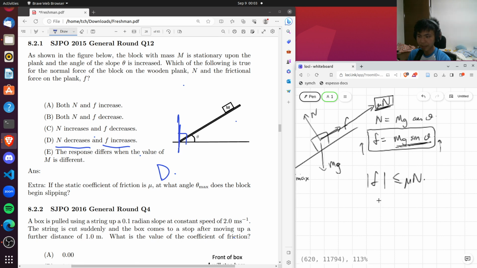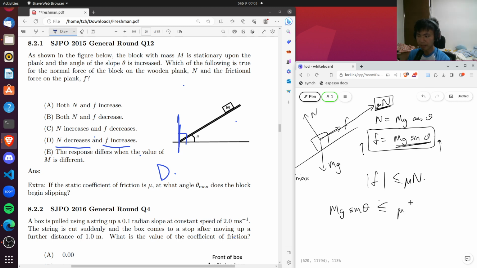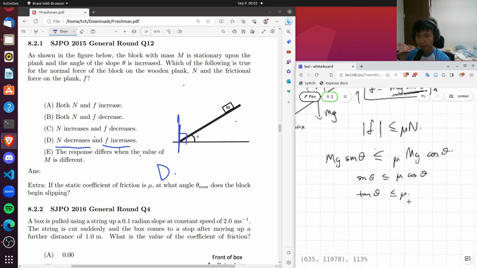Since F is less than or equal to mu N, mg sine theta must be less than or equal to mu N, and N is mg cosine theta. If we cancel it out, we see that sine theta must be less than or equal to mu cosine theta. So that gives us tangent of theta less than or equal to mu.